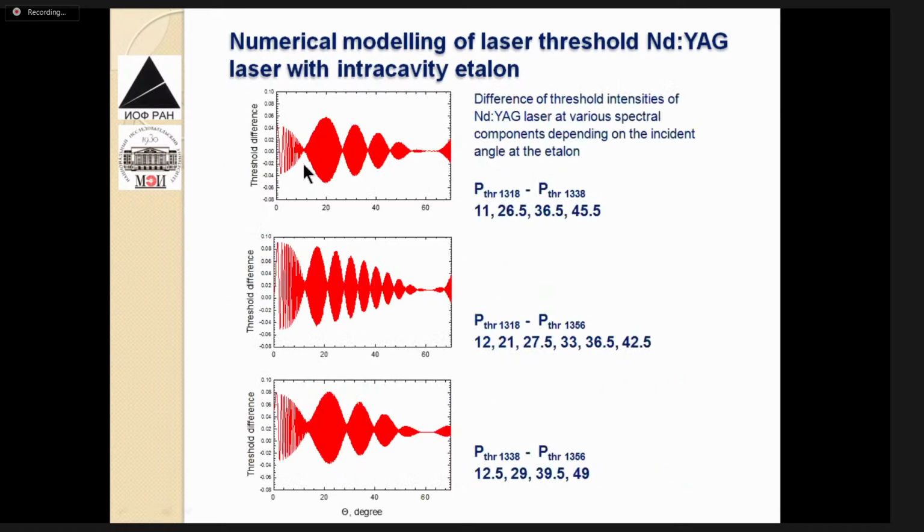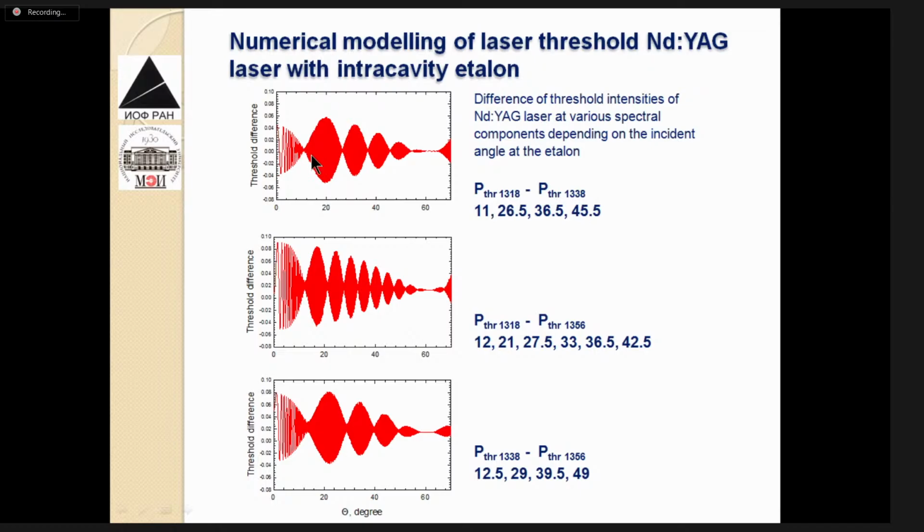If we consider the difference of the threshold intensities, we can see the differences for two wavelengths, 1318 and 1338.